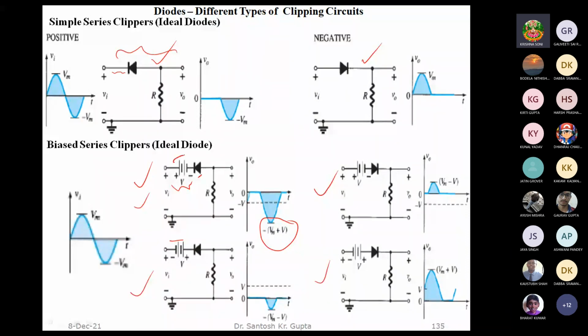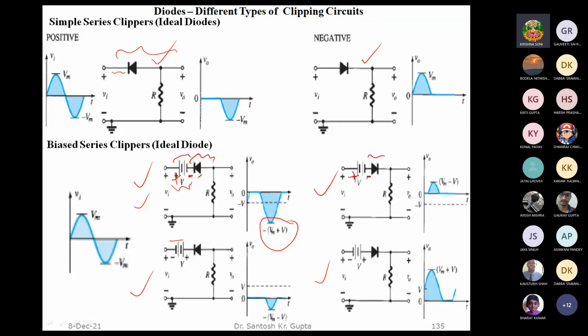In one case, the voltage signal is applied with positive on this side and negative on this side. Here also positive on this side and negative on this side, but the diode direction is reversed.